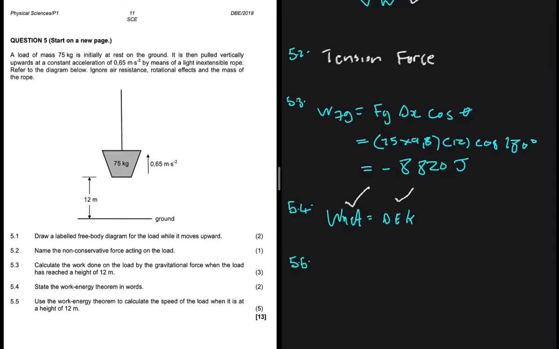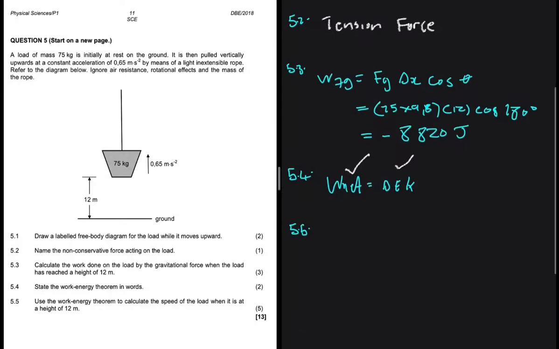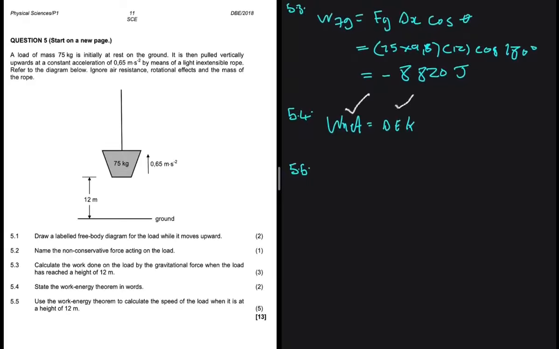5.5. Use the work energy theorem to calculate the speed of the load when it is at a height of 12 meters. Right. So for this kind of questions, we have to write down our information so that we can be guided on which formula to use, right? So we have our Δx, which is equal to 12 meters.